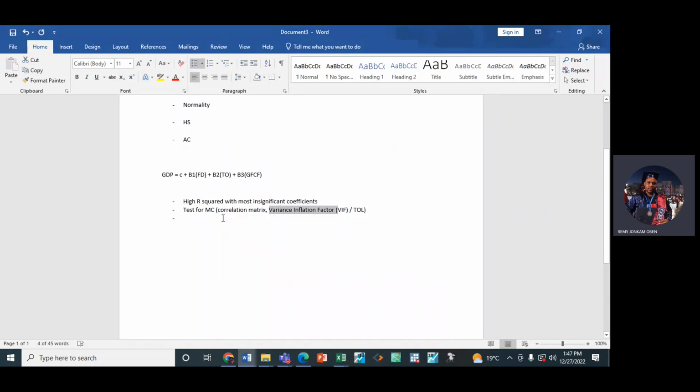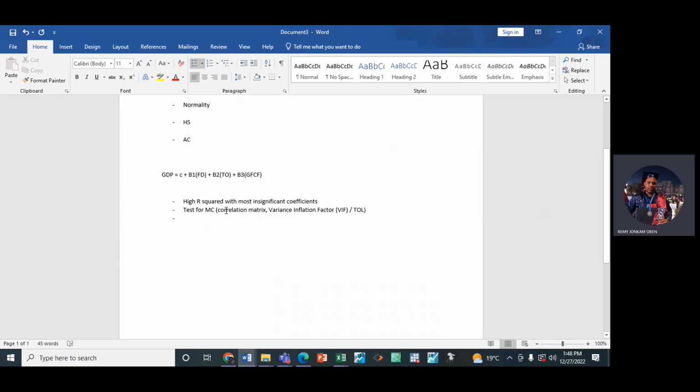With the variance inflation factor, we don't want it to be more than 10. We use 10 as the benchmark. So if all of them are less than 10, then we can say there is no multicollinearity. But if at least one of them is greater than 10, then there is multicollinearity, right?